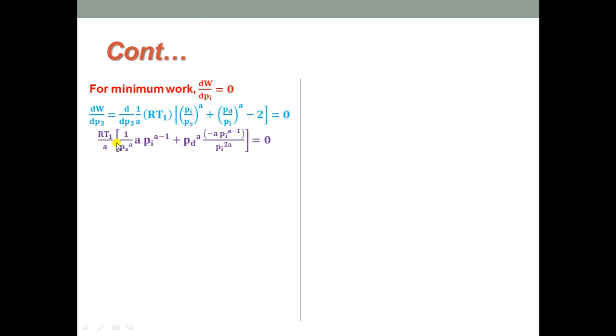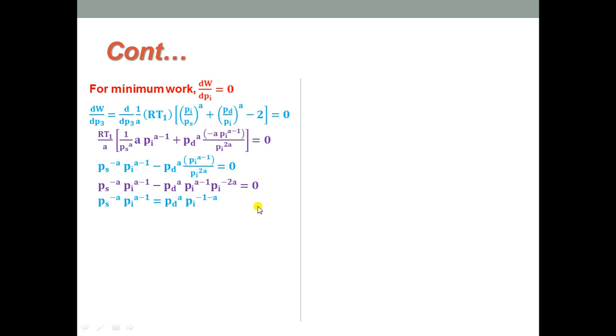After differentiation, we will get RT1 over A into 1 over Ps to the power of A into A Pi to the power of A minus 1 plus Pd to the power of A minus A Pi to the power of A minus 1 over Pi to the power of 2A, which is equal to 0. And we are going to simplify this expression.